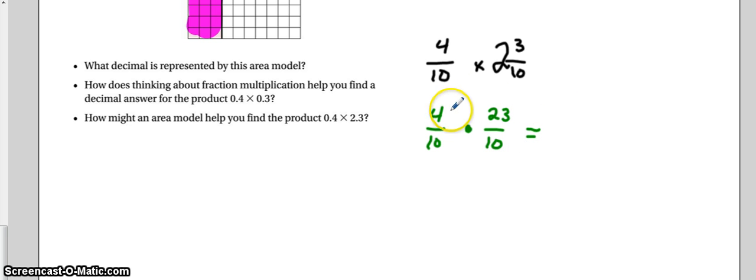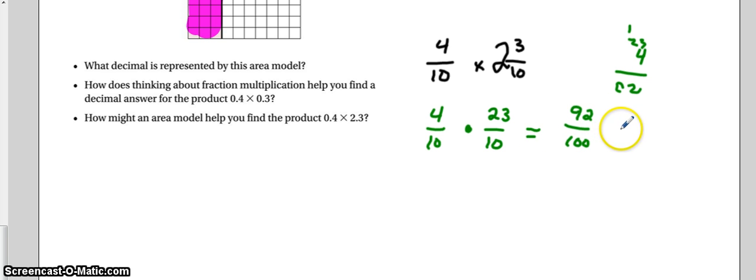That would give us 4 times 23. 4 times 3 is 12, carry the 1, it's 8, 92. That'd be 92 over 10 times 10, which is 100. So that would be 92/100ths. And then, of course, we could reduce that as well.